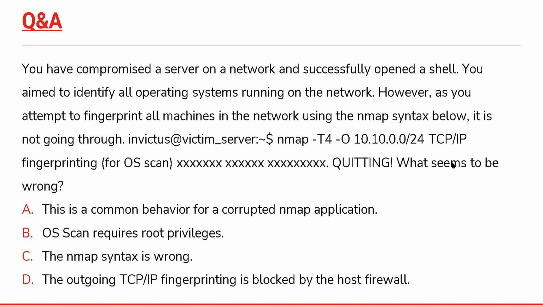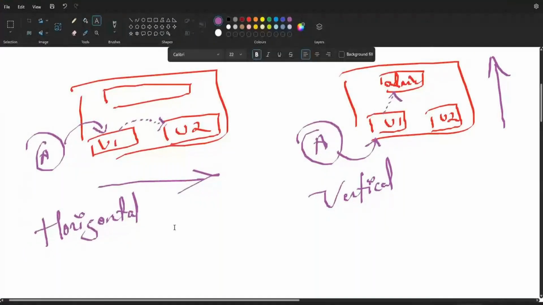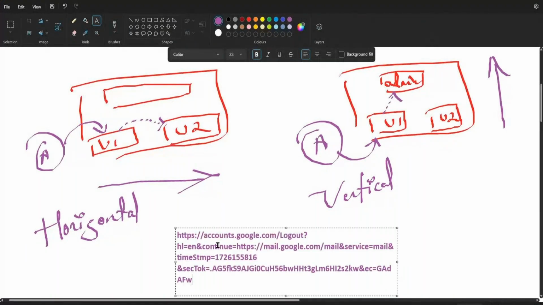Let me show you what that link looks like. Just a second. It will look something like this.